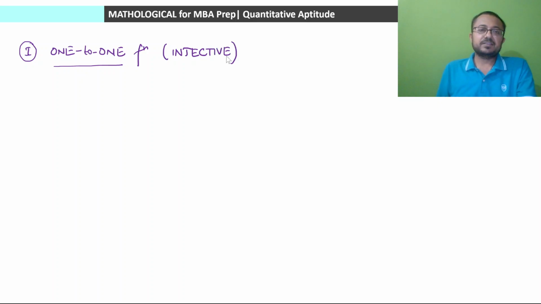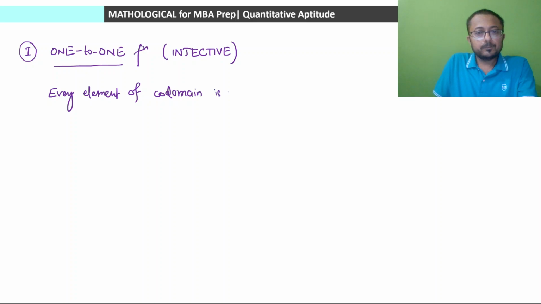Injective functions. Okay, and the proper definition is that every element of codomain is related exactly, exactly नहीं, at most will be proper word, exactly के केस में तो दूसरा मामला हो जाएगा.